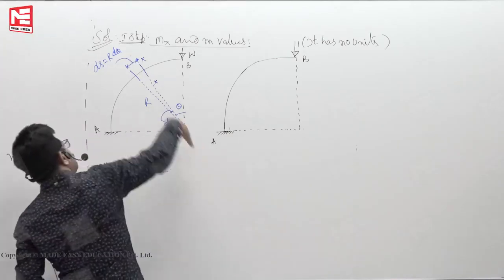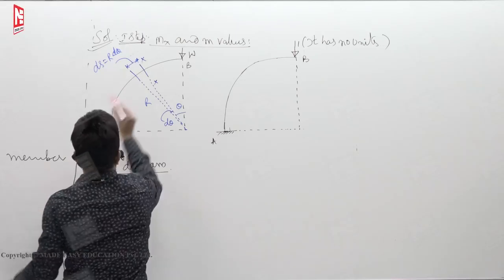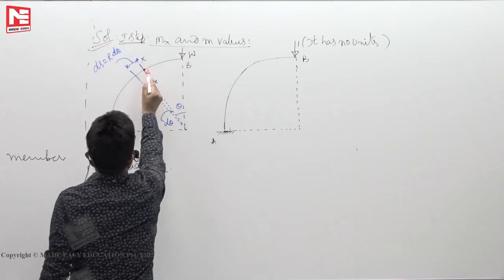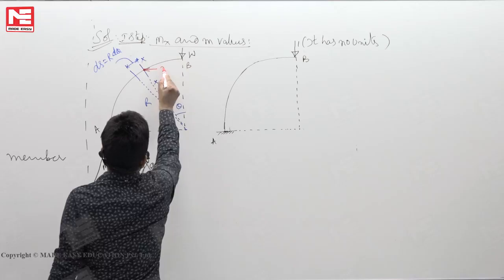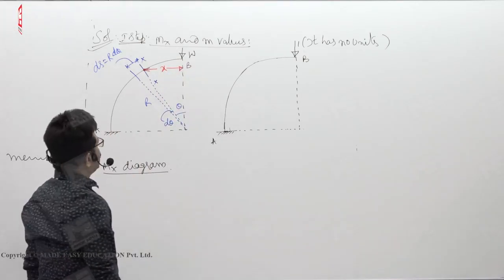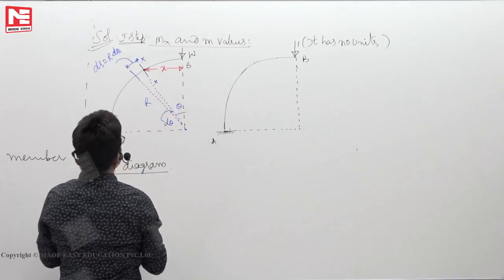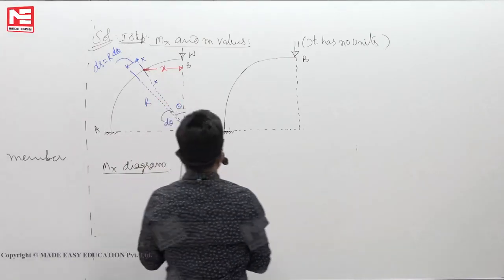When this radial line cuts the section xx, from wherever it cuts to the line of action of the load, this becomes x. x now becomes nothing but r sine theta. In the same way, here also you have to cut it.